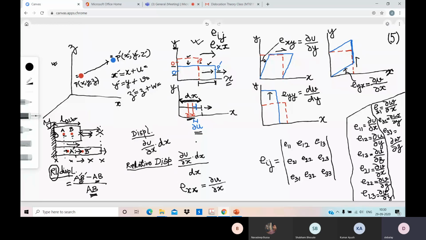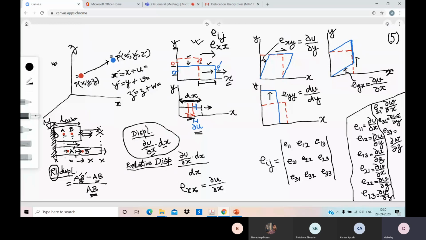So what is the relative displacement? To know the relative displacement, we first need to calculate the total displacement. If del u is the small displacement on a length del x, then on the length dx, how much will be the total displacement? Del u by del x into dx.